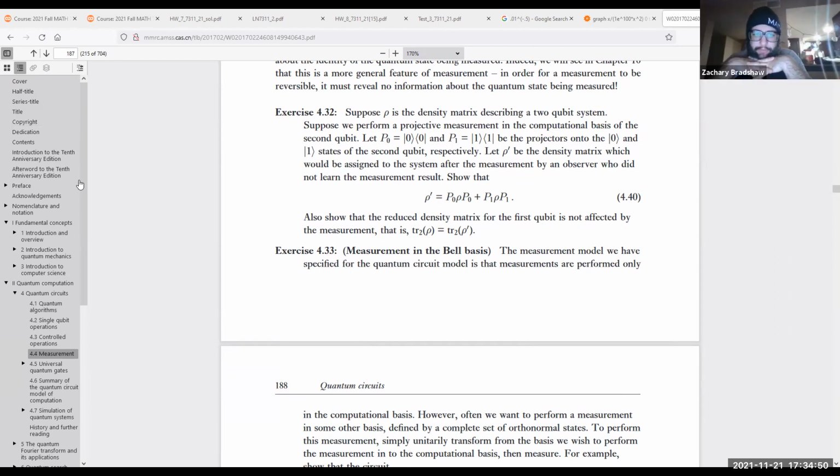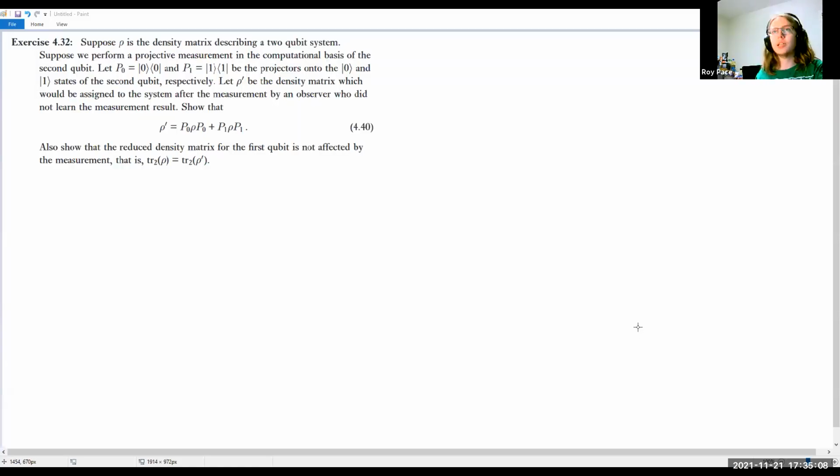Density matrix which would be assigned to the system after the measurement by an observer who did not learn the measurement result. Okay, let me share. Now we can actually work on it. So we want to show that.